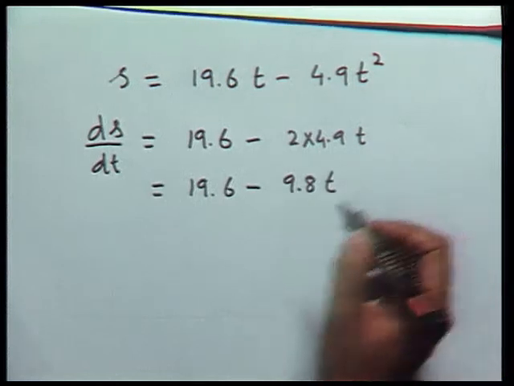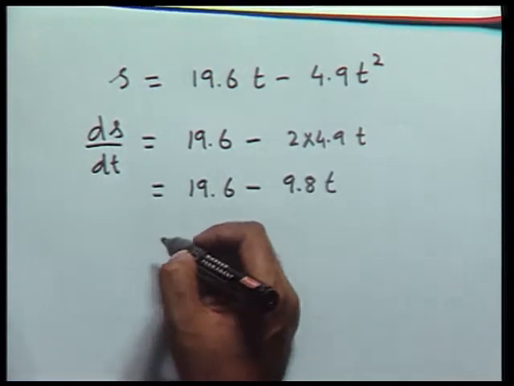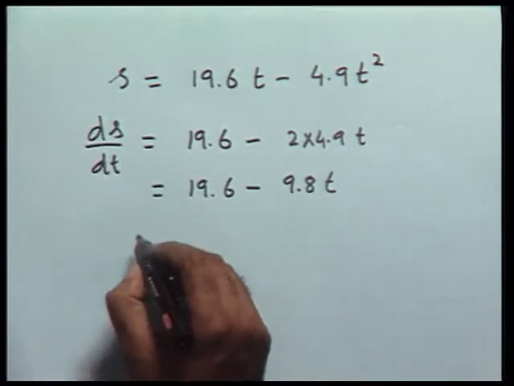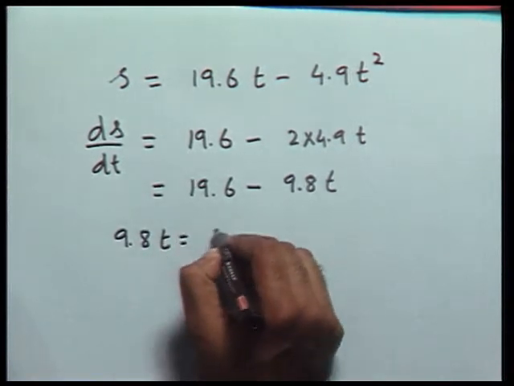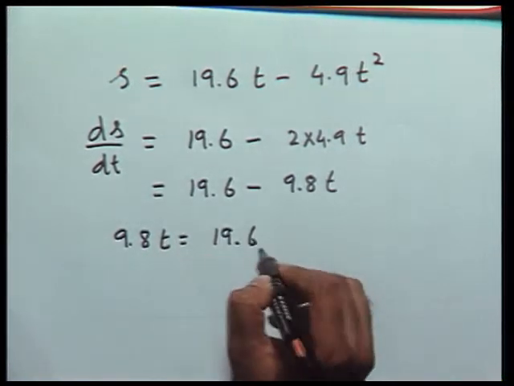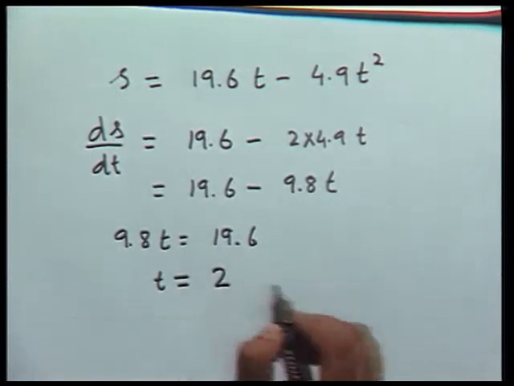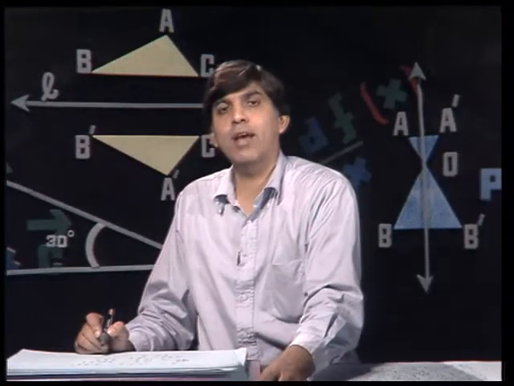And remember, maximum height means velocity is 0, as I explained to you a while ago. And therefore, when is ds by dt equal to 0? When 9.8 t is equal to 19.6. In other words, when t is equal to 2. So, at the instant of time t equal to 2, the first stone is at maximum height.